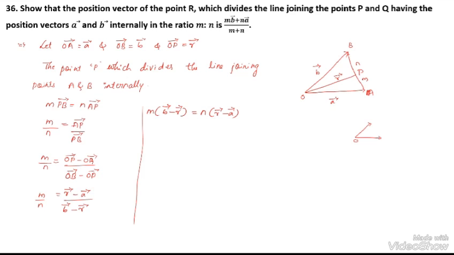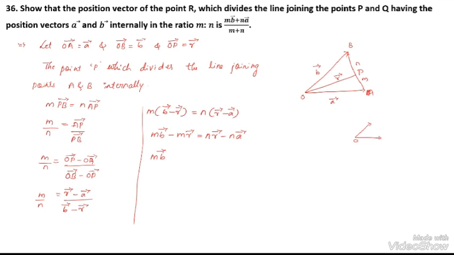We want vector r, that's why I am multiplying m into vector b, m into vector r is equal to n into vector r, n into vector a. We want the r vector, so I can take it on this side: m into b.